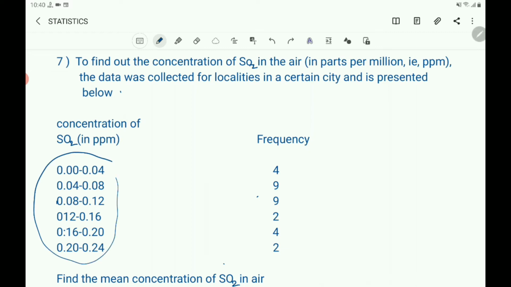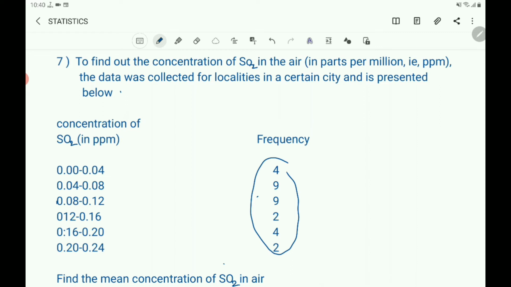Here this column gives the concentration of SO2 and next the frequency. So 0 to 0.04, the frequency is 4, that is in 4 localities, and 0.04 to 0.08 ppm is in 9, 0.08 to 0.12 is in 9, 0.12 to 0.16 in 2, 0.16 to 0.20 in 4, and 0.20 to 0.24 in 2.